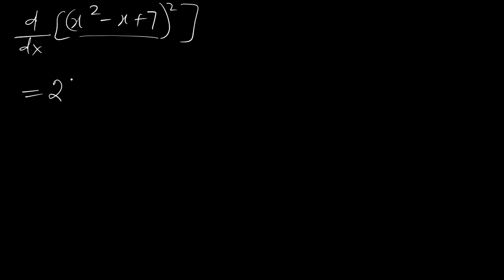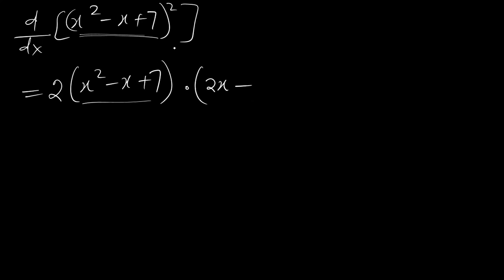So you have 2 into x squared minus x plus 7 to the power 2 minus 1. The function inside will remain the same. Then you differentiate with respect to x the function inside. Differentiating x squared, you have 2x; differentiating minus x, this is minus 1. So this is our final answer.